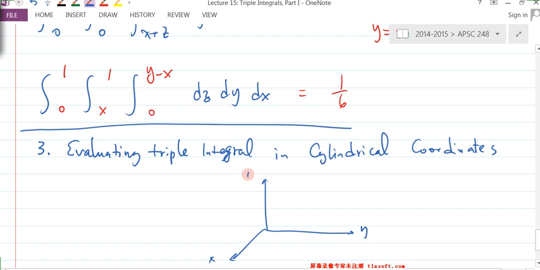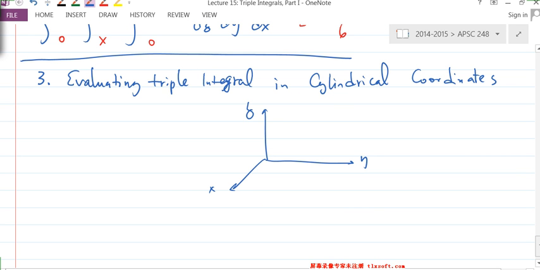This is a Cartesian coordinate system. We have a point, let's say P, here. In general, this P can be represented using a set of x, y, z for its location. Now, what we can do is project P into the xy plane.